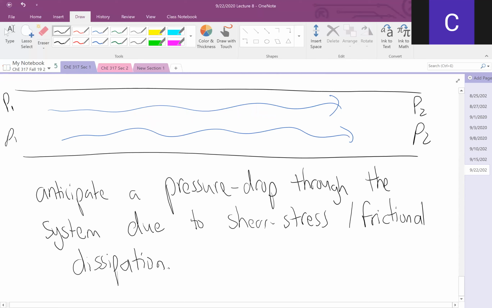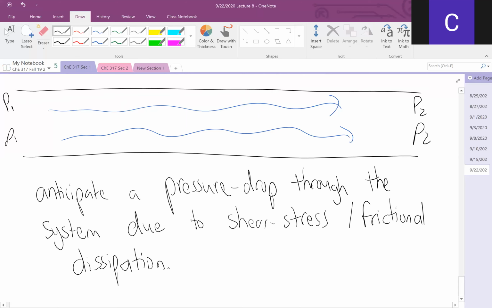Correct? So what does that do to our density? Anyone?